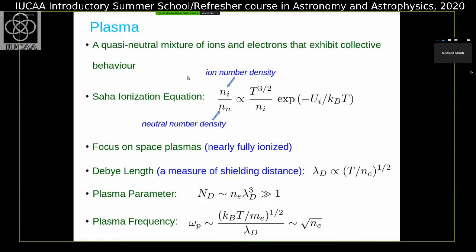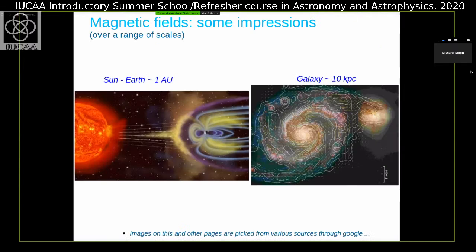What does it mean by collective behavior? Collective behavior in this sense can be understood as follows: a single particle, for example, if you look at the galaxy as a whole, will have its own magnetic field at its own scale, and you might try to look at how that picture will look.